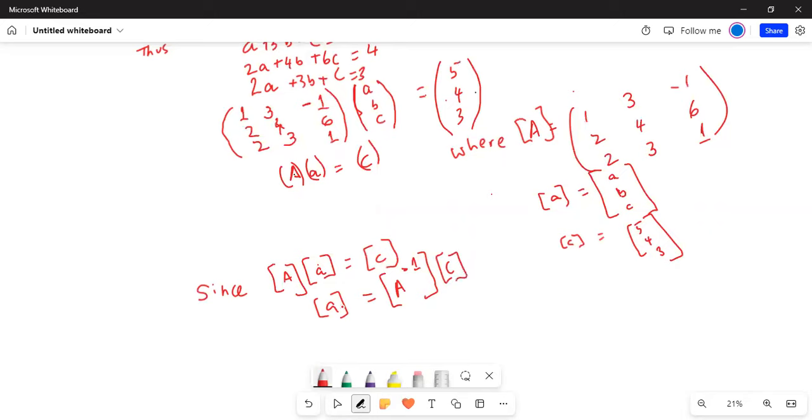So this is the solution we are looking for. Okay. So what does it entail? We have to find the inverse of the matrix A.